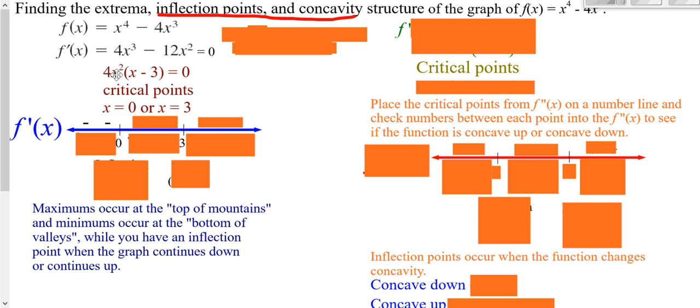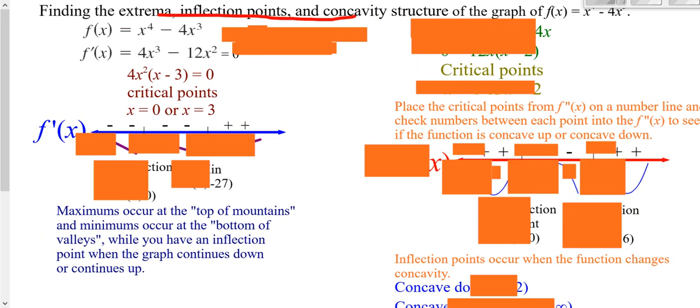Well, 1 squared is positive times 4 is positive. 1 minus 3 is negative. So a positive times a negative is still a negative. Try a number over here like 4 or 5. Well, because of the squaring and timesing by positive, it is positive. But 5 minus 3 is positive. So a positive times a positive is a positive.